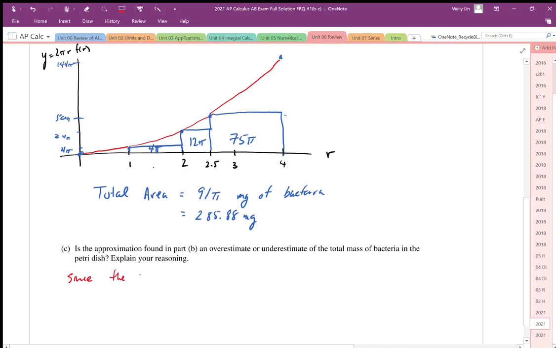the graph is strictly increasing, the right Riemann sum must be an underestimate.